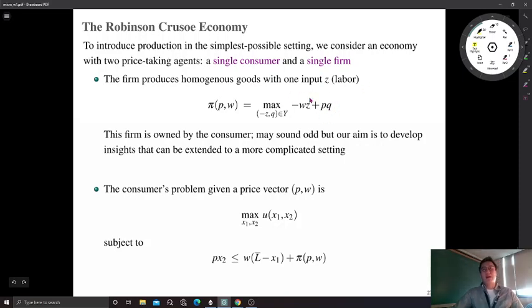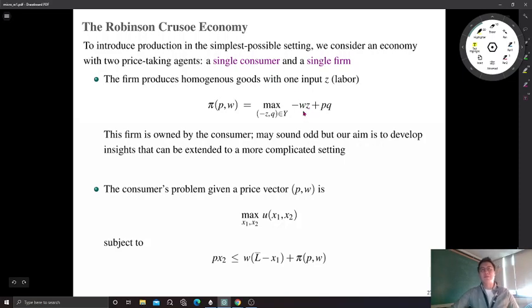Then accounting profit is going to be, so here given price vector, p is the price of the product, okay? The unit market price of the product. And w stands for wage, wage per hour. Then if the firm hires z hours, it incurs a cost as much as wz.